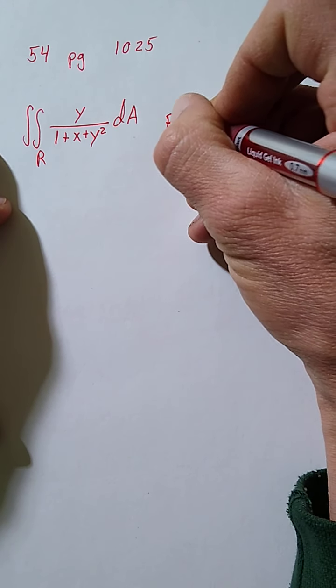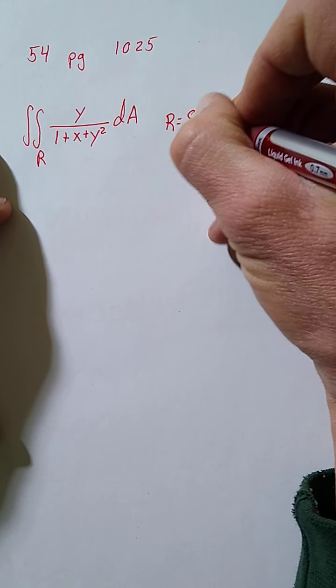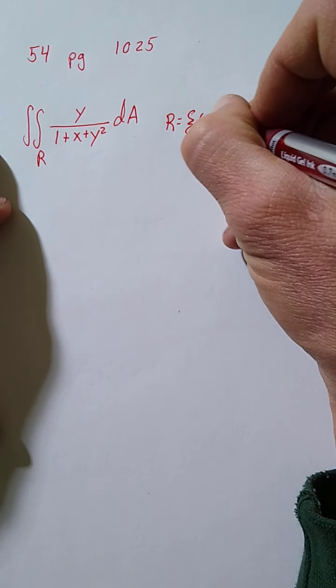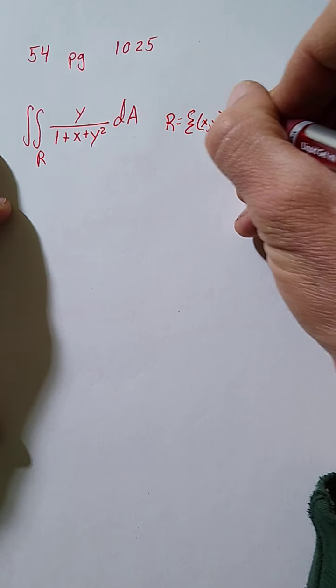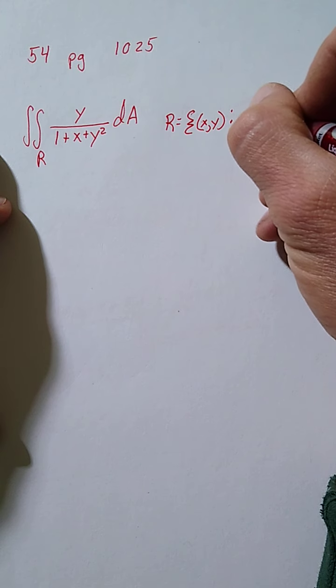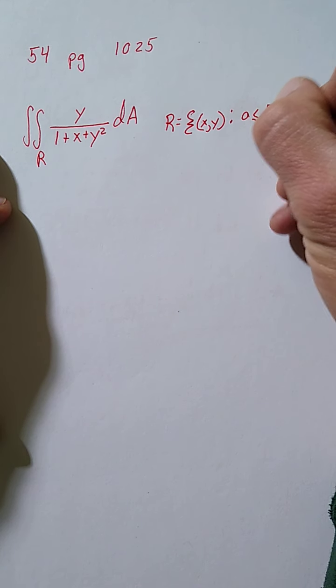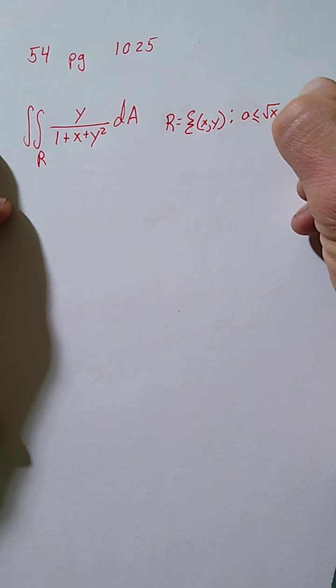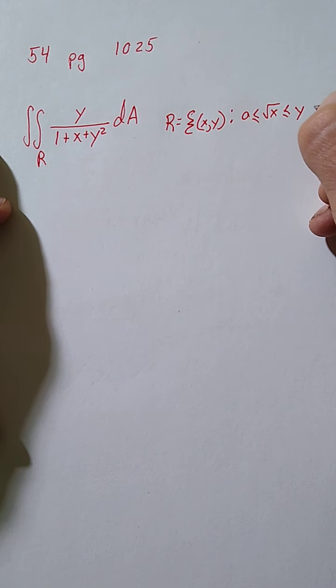It says the region equals the set of x and y such that 0 is less than or equal to the square root of x is less than or equal to y, and 0 less than or equal to y less than or equal to 1. Okay.